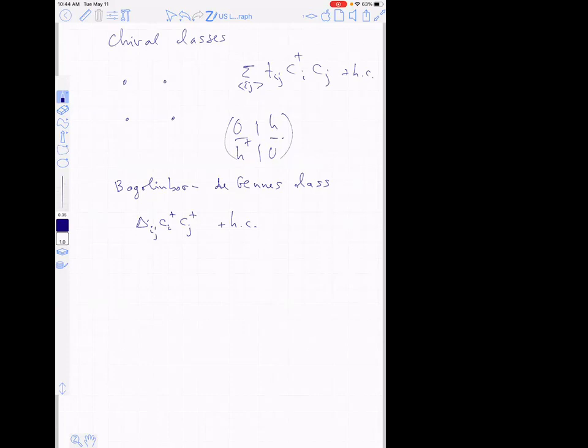So there are 3 classes here and 4 classes here. In total, we get 3 Wigner-Dyson, 3 chiral, and 4 Bogoliubov-de Gennes classes. In total, 10 classes.